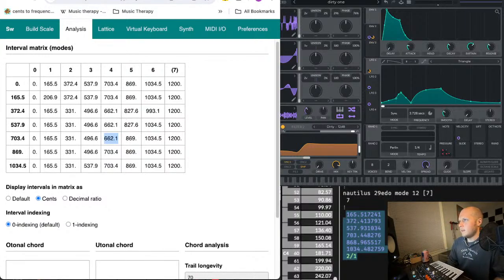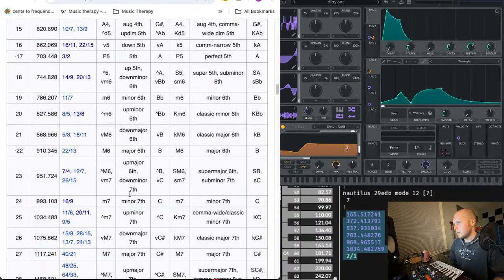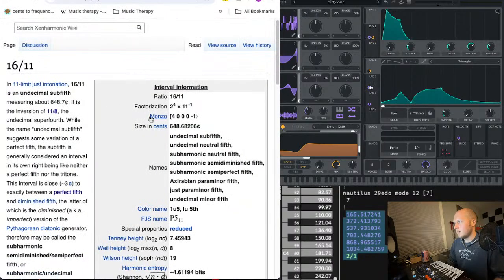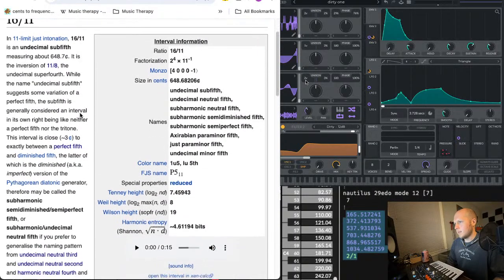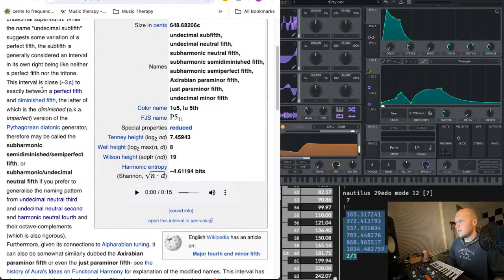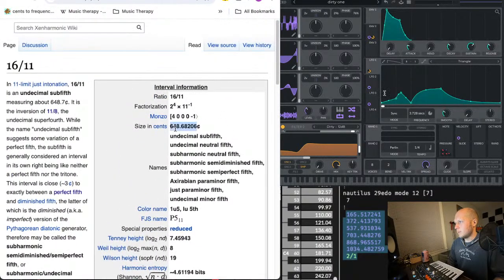So I'll actually look at that 662 on the 29 page and see what they say here. So 16/11 is 648. They call that an undecimal sub-fifth. So that's interesting. I've never heard that term before. It's exactly between a perfect fifth and a diminished fifth when it's 650.